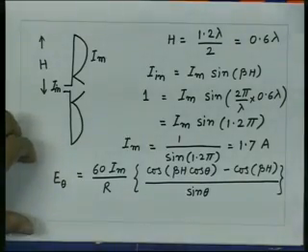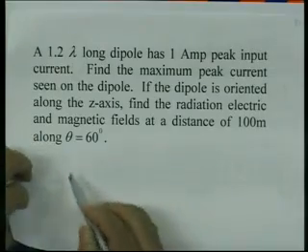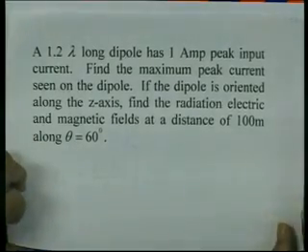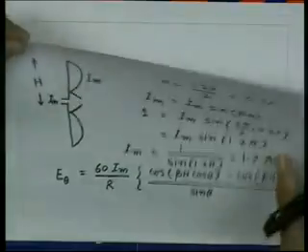Now the distance is given as 100 meters and theta is 60 degrees, so we can substitute these parameters here.